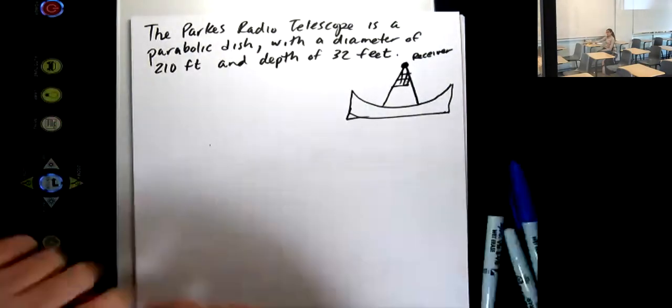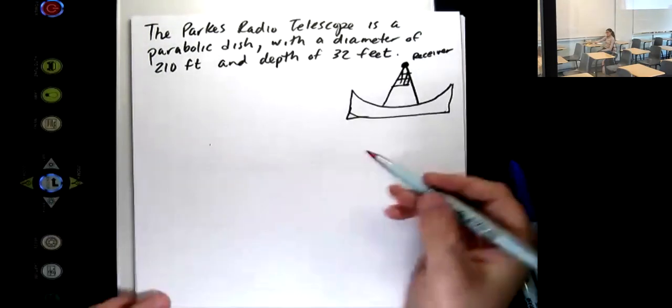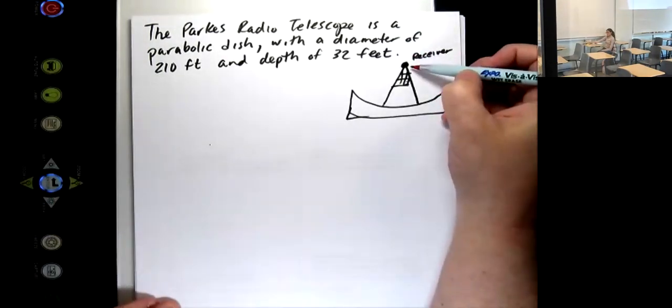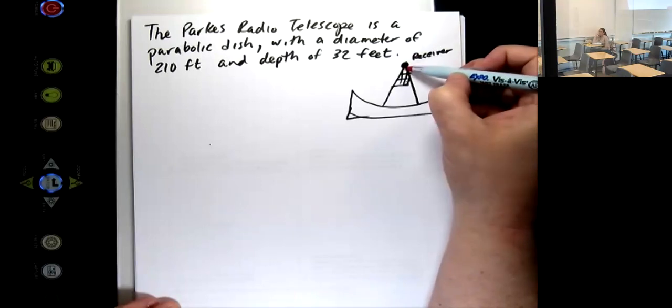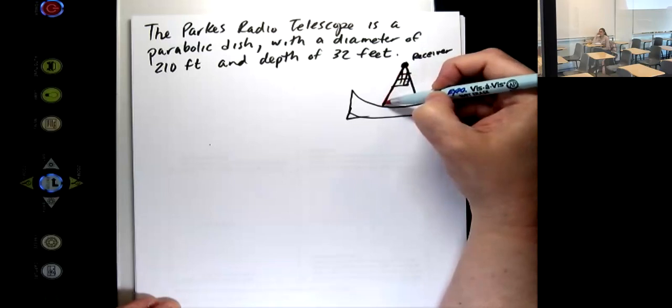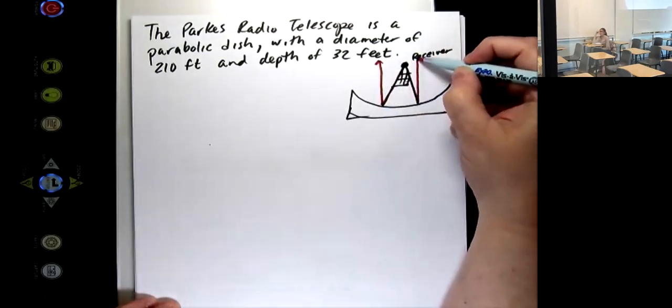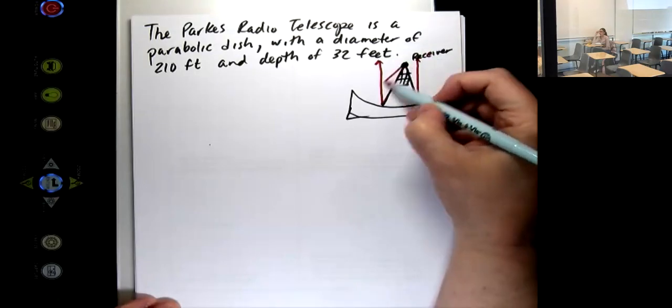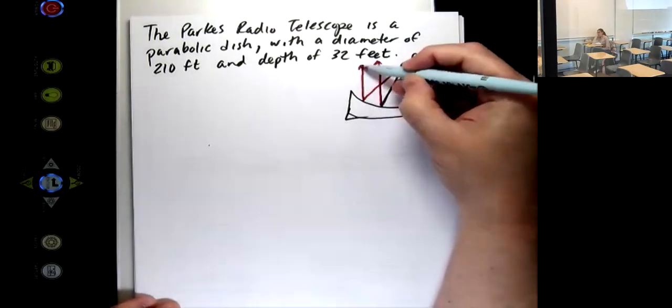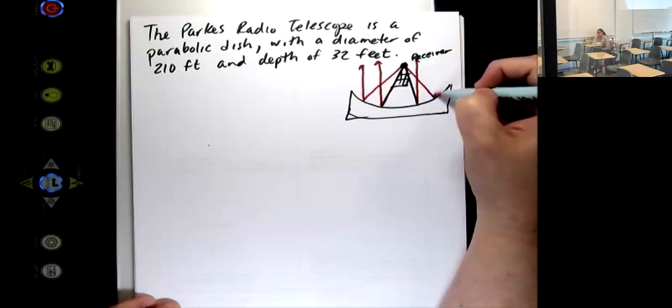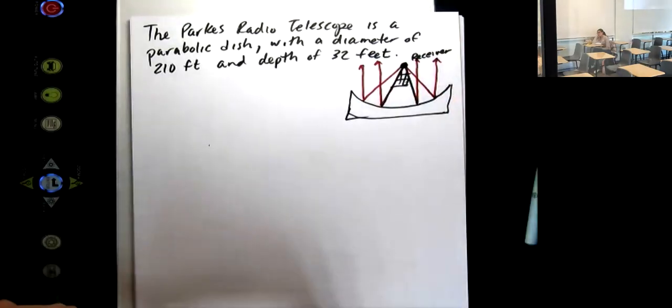So the fun fact, I was telling you guys about the headlights: when light from the headlight hits the dish, it bounces straight off. It doesn't really matter what angle you do it at, it bounces straight off. This also works with stuff coming in.